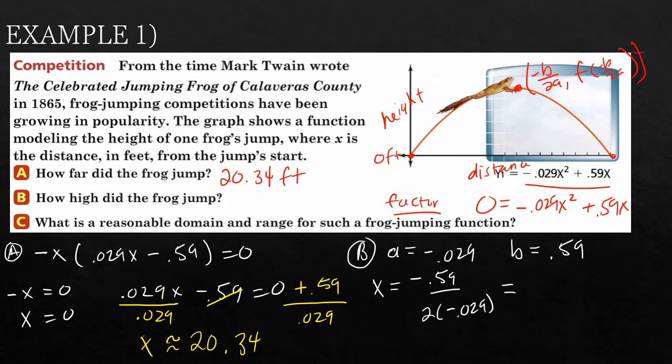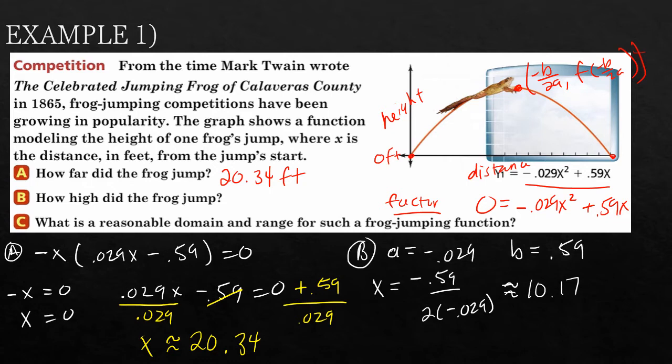We plug that in the calculator, and we get 10.17. So what you notice here, it would make sense, right? If my distance was 20.34, well, if I'm looking for my vertex, it's halfway in the middle. And notice, what did we get? 10.17. So we know that we did that right.